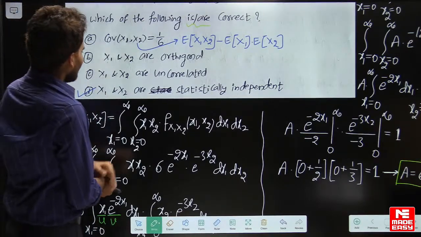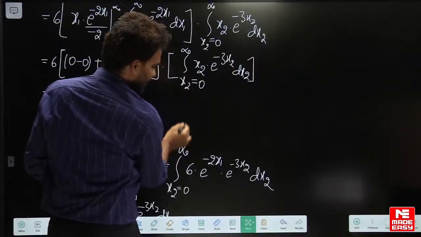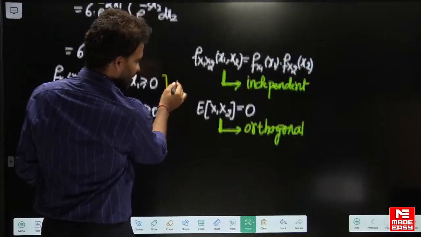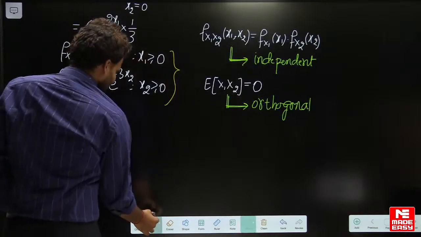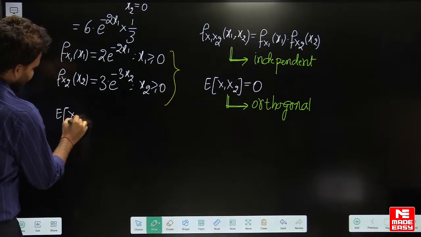Then the covariance. Let me find the covariance. To find the covariance, first I will find the expectation of x1.